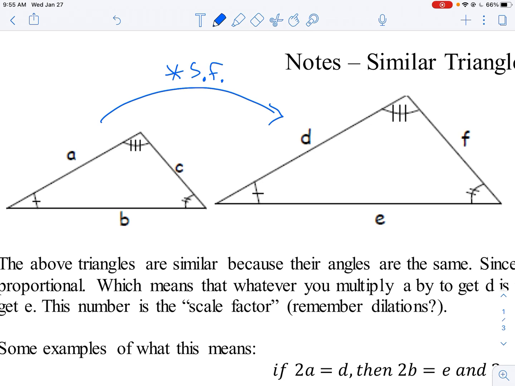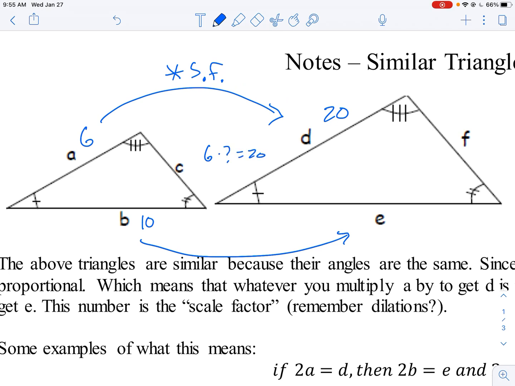So let's say the original A value was 6, and then my D value was 20. And let's say I know my B and I want to find my E. Let's say my B value happens to be 10, and I want to find the E value. Well, you can find this scale factor: what do you times 6 by to get 20?